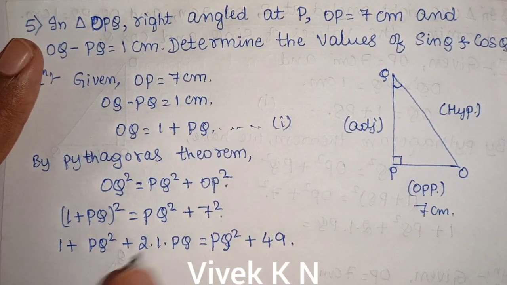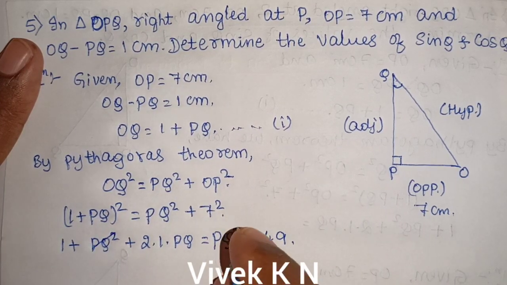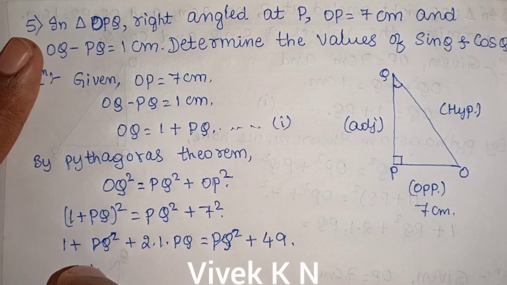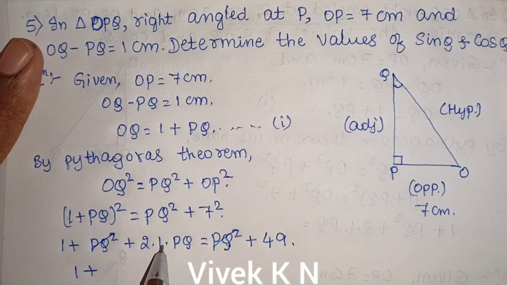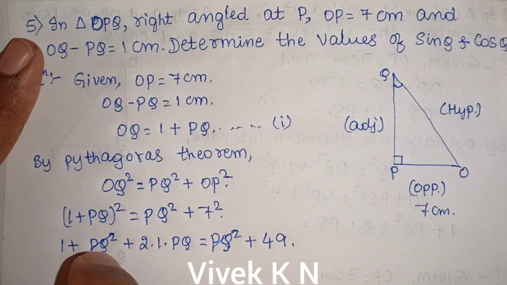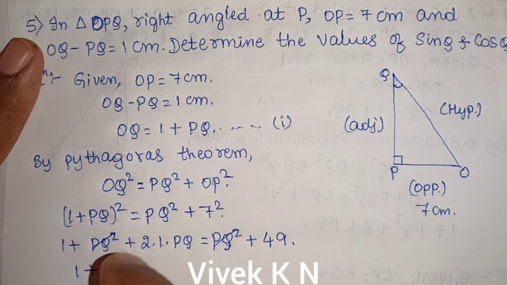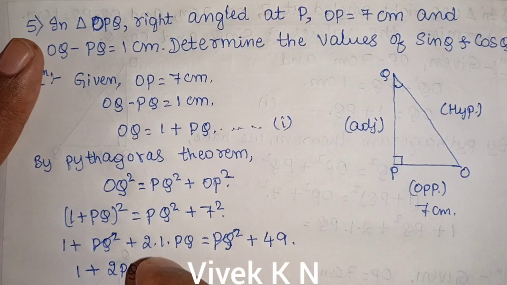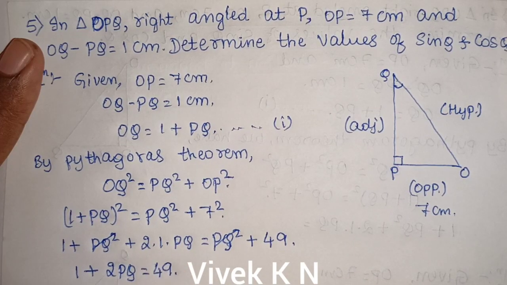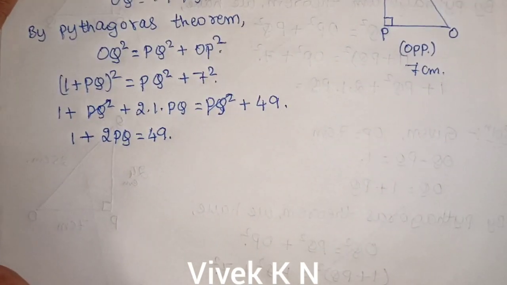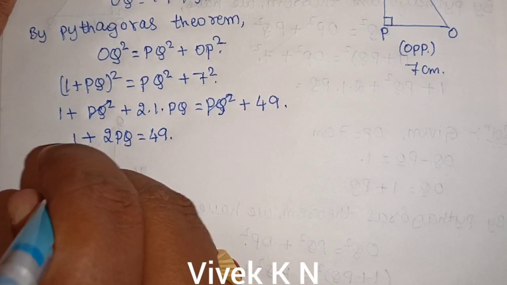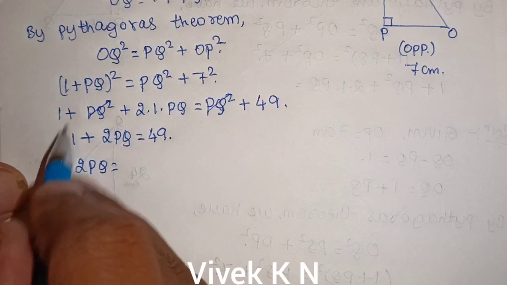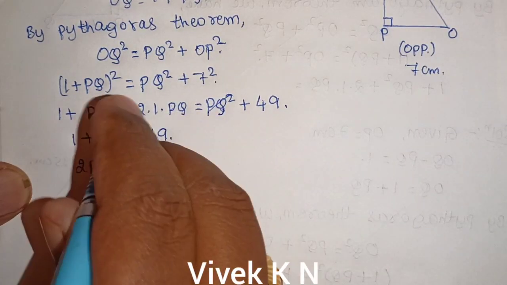Here this PQ square and this PQ square get cancelled, and the remaining terms are 1 plus 2 into 1 is 2, 2 into PQ is 2PQ, is equal to 49. Next, 2PQ is equal to, when we shift this plus 1 to the right hand side, it becomes minus 1.